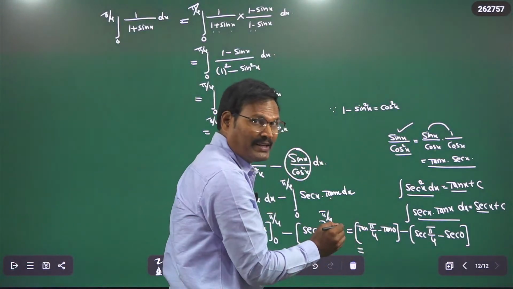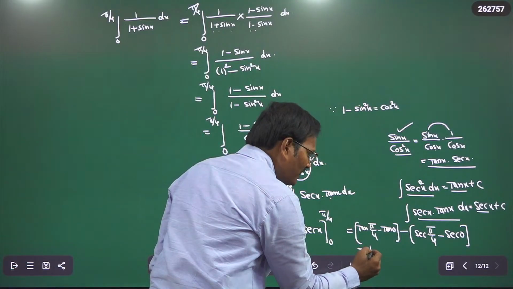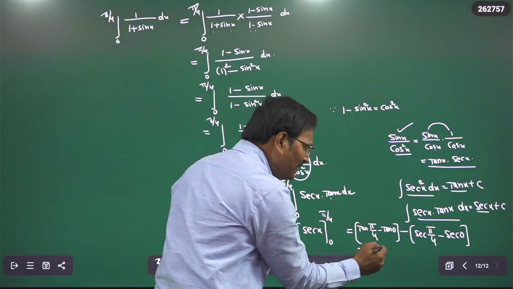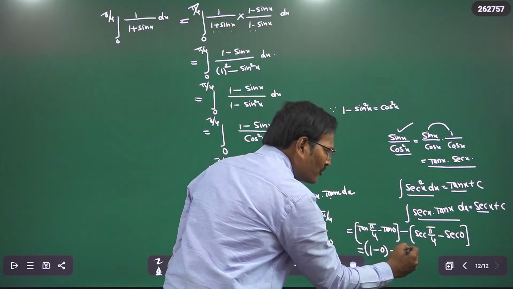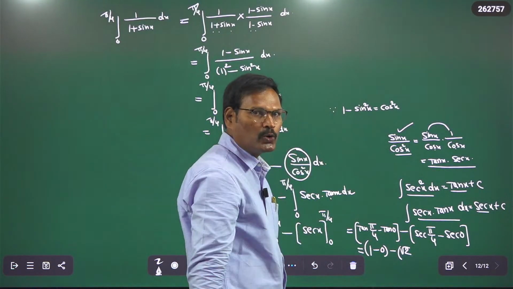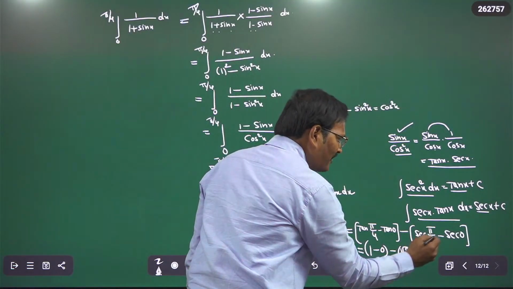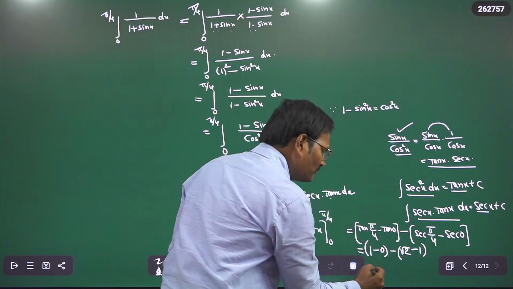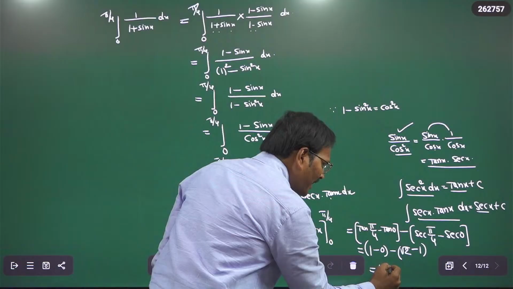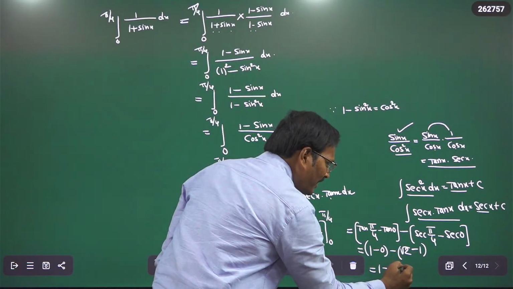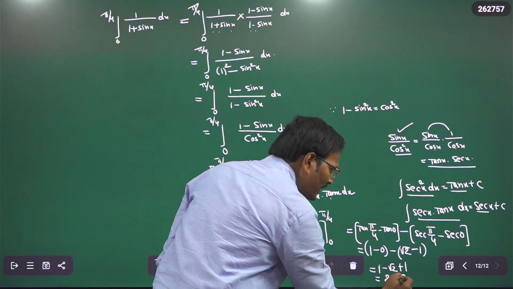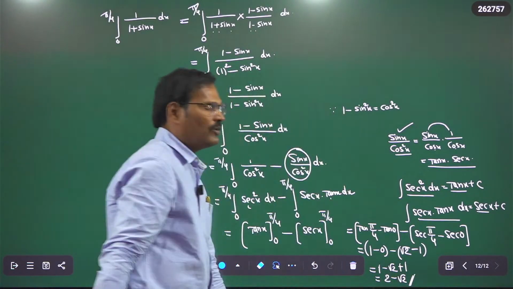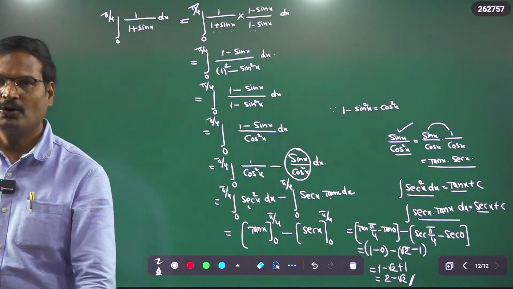Tan pi by 4 means tan 45. Tan 45 is 1. Tan 0 is 0. Minus secant pi by 4. Secant pi by 4 is equal to root 2, minus secant 0 means 1. So 1 minus root 2, minus into minus plus 1. So 1 plus 1, 2. 2 minus root 2. So the answer is 2 minus root 2.